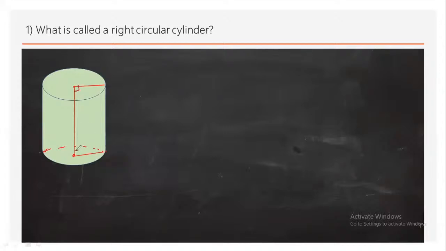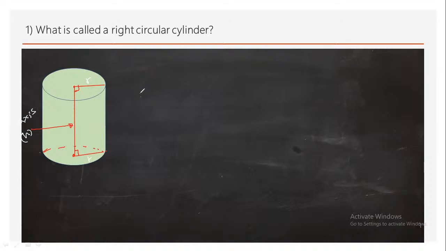This axis is perpendicular to this. I will name it as H. This is the R. This is the R. The axis of the cylinder is perpendicular to the two circular plane surfaces. Therefore, such cylinders are called right circular cylinders.